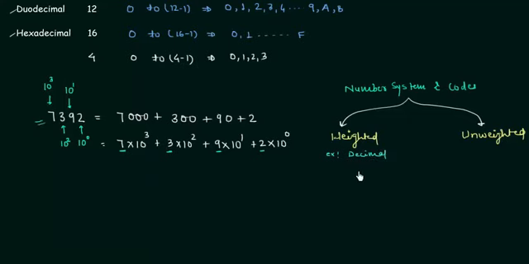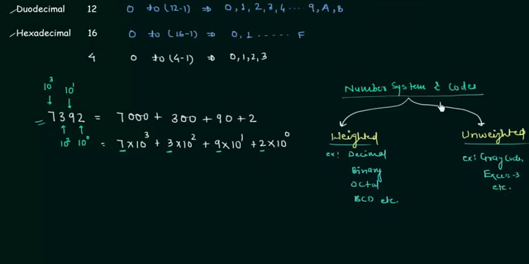The second one is binary, of course, octal, binary coded decimal, etc. These are the examples of weighted number system. Examples of unweighted system are gray code, XS3 code, etc. So this is how we can classify the number systems and codes depending upon the weights on position.